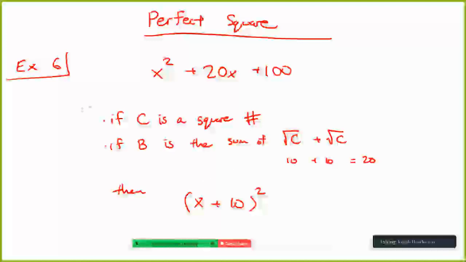So if it meets these two requirements here in the middle, then we can jump straight from the polynomial at the top down to this factored form at the bottom. x plus 10 squared, the whole parentheses.